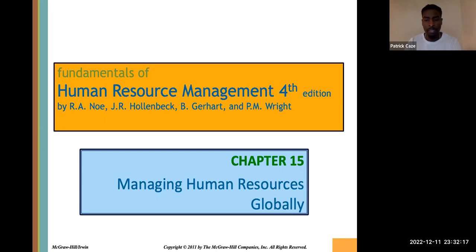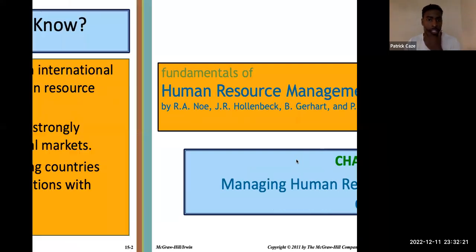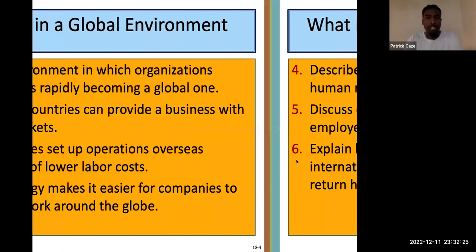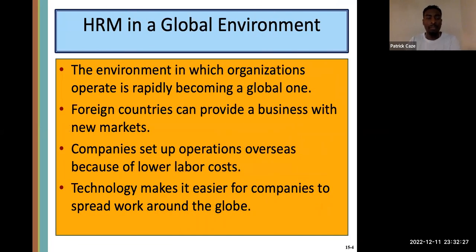But this week, as I said, we're going to talk about global HR. The reason I chose global HR is because of the nature of what we do as a society and the way things are going as far as us being more globalized, right? More and more we're getting more connected via the internet, and becoming a closer knit environment, and things aren't as separated as before.